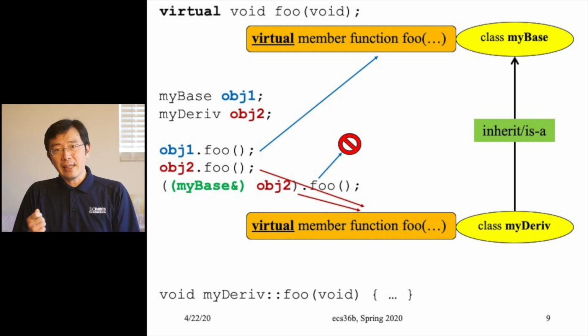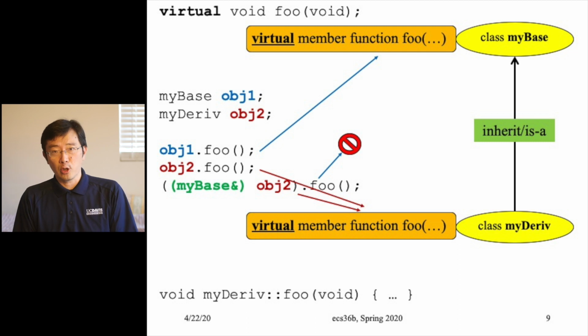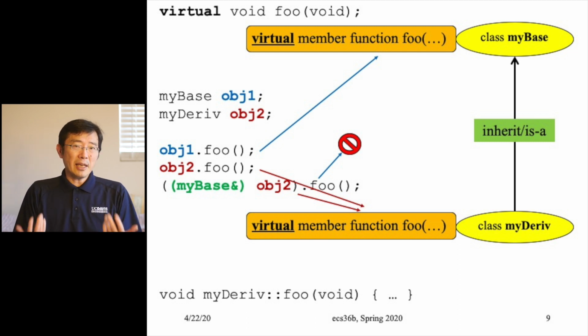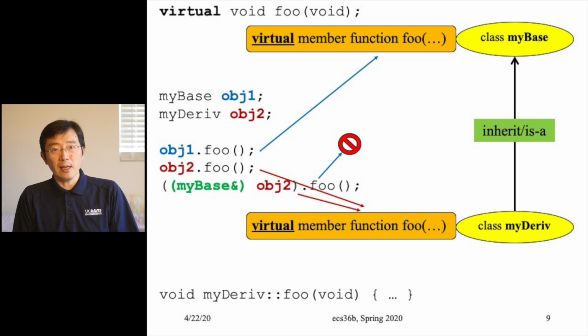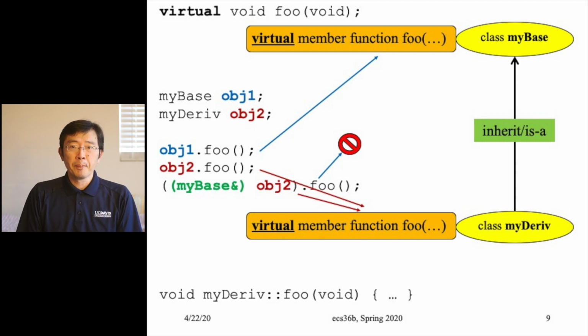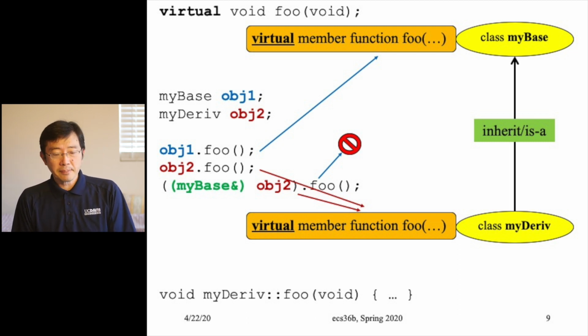If I want that behavior to show when I make a function call, then I say this is a virtual function. That's the basis for how C++ implements one form of polymorphism.